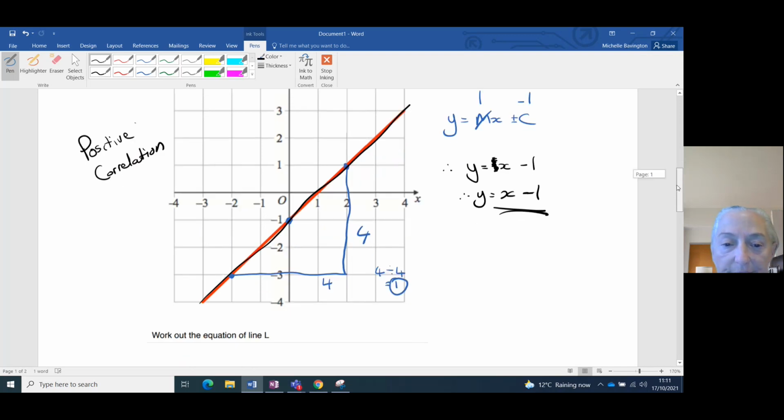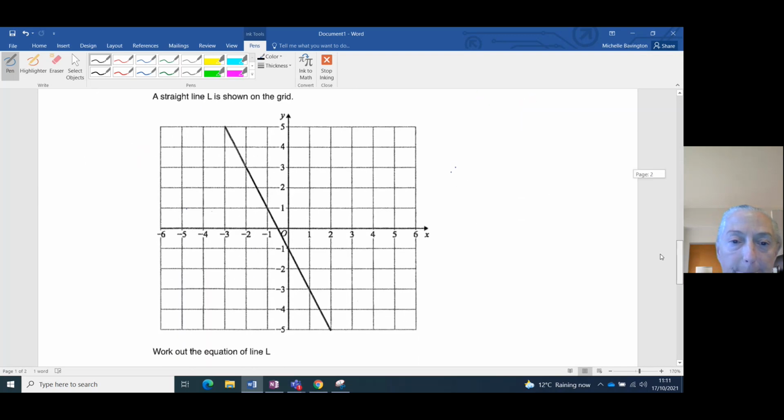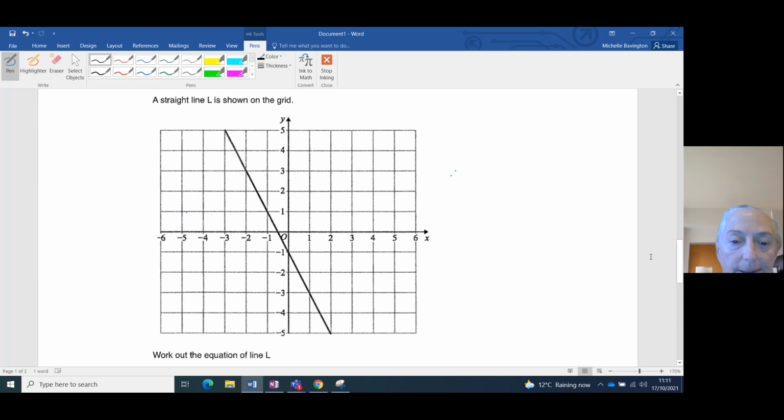Let's have a look at one more. Right. I've got £5 in the bank, and I've ended up owing £5. So that's a negative correlation.